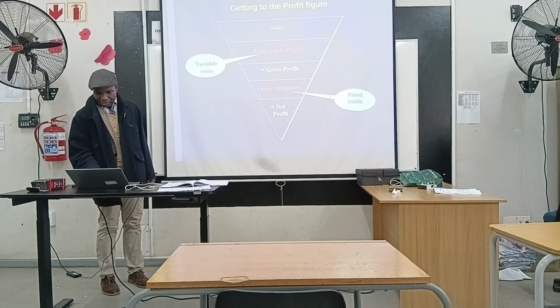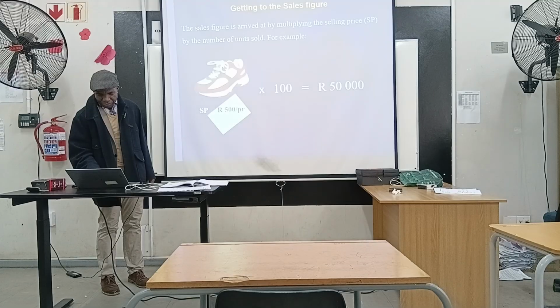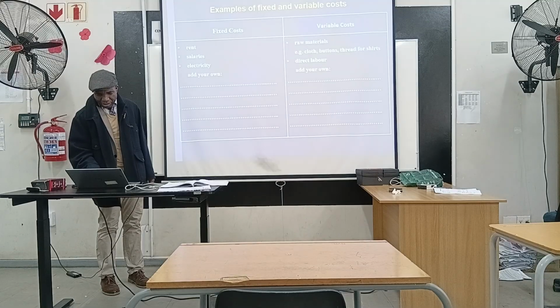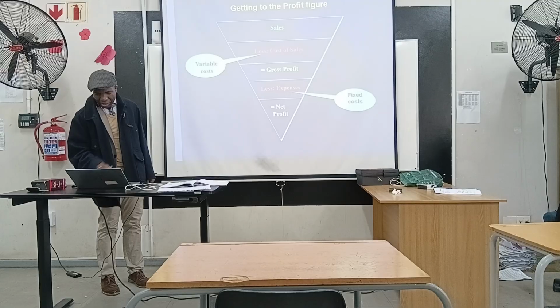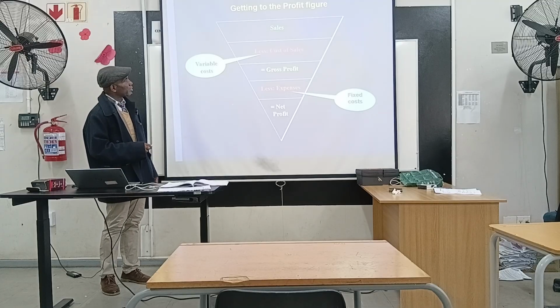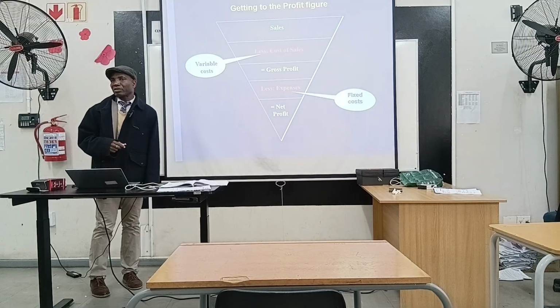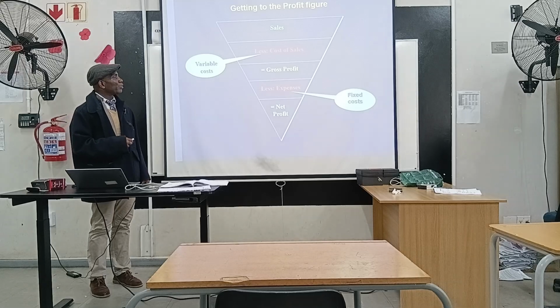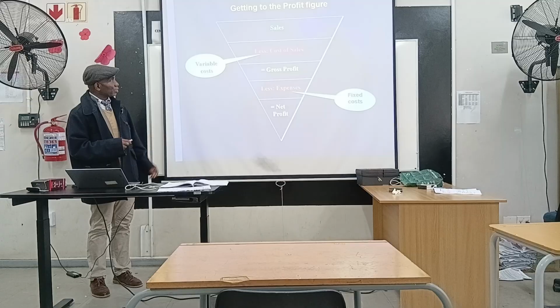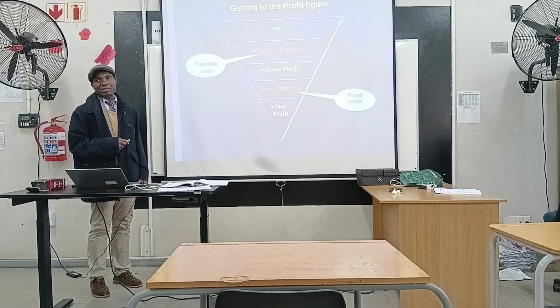Remember last time we were working on how to get the gross profit, right? How to calculate the gross profit. I did a small calculation for you. So, how do you calculate the gross profit as well as the net profit? It starts from the sales, right?